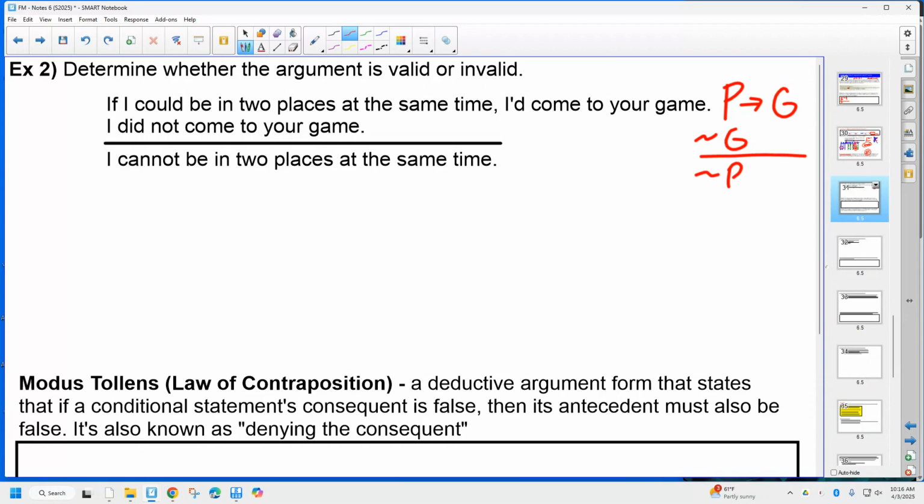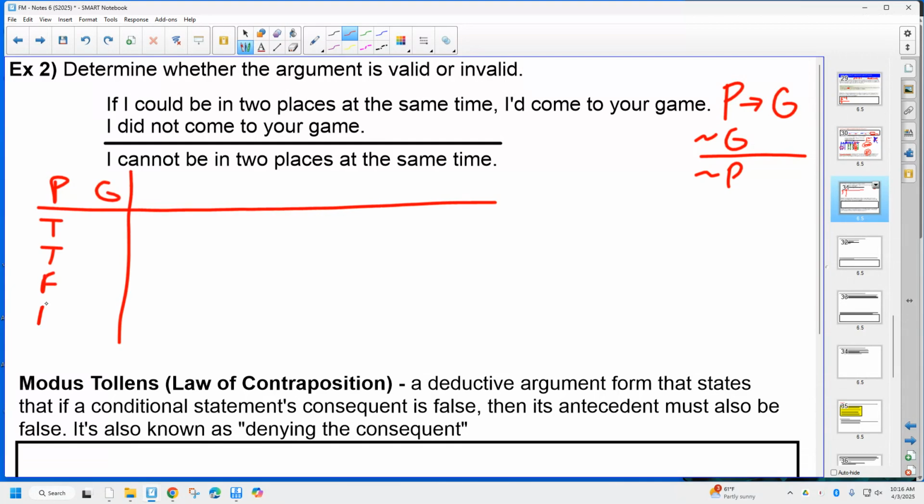Okay, so if we want to prove that, again, the only way that we really know how to do this at this point is to make that table. So the table, I've got 2 components. There's our setup.